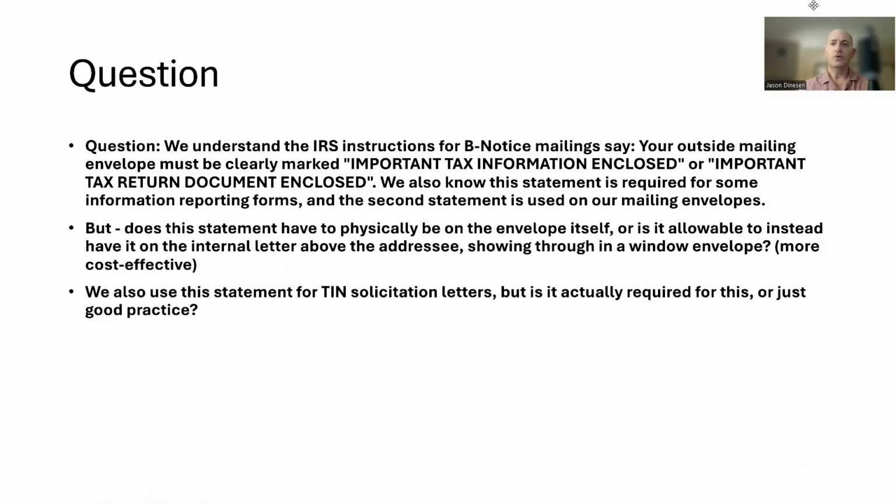We also know this statement is required for some information reporting forms, and the second statement is used on our mailing envelopes. But does this statement have to physically be on the envelope itself, or is it allowable to instead have it on the internal letter above the addressee, showing through in a window envelope, which is more cost-effective?